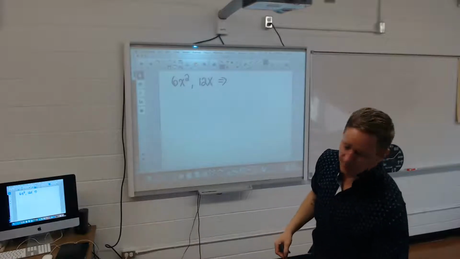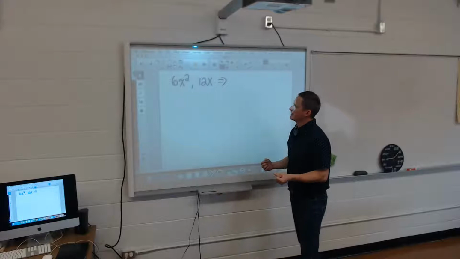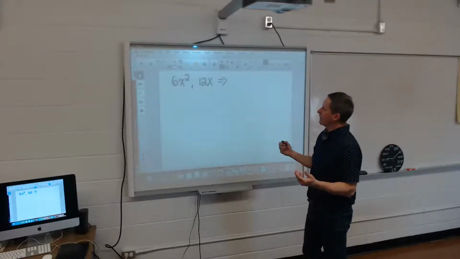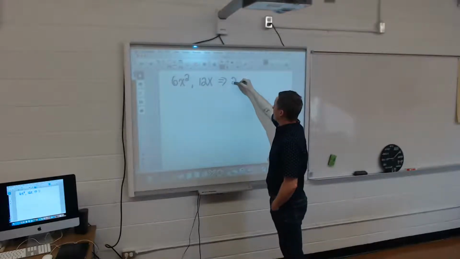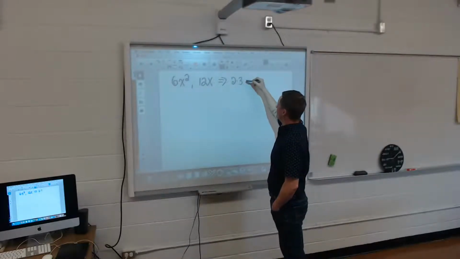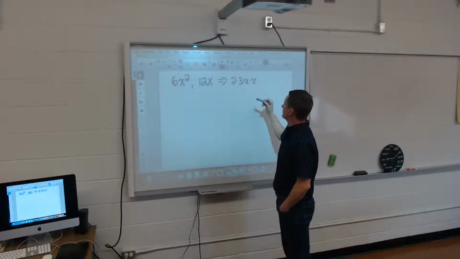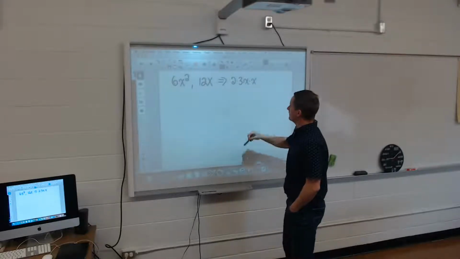The first way would be to break them all down into prime factors. Now, I'm not a huge fan because it takes time and there's a lot of work to it, but I will show you anyway. So the prime factors for 6 are 2 times 3 and then x times x. Oh, should be times there. Okay, so that's 6x squared broken down.